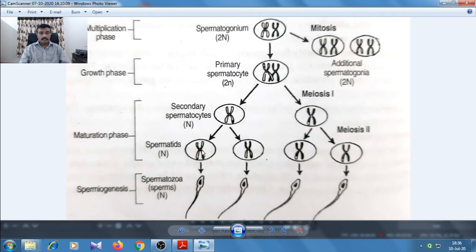And from the spermatids, by a process called spermiogenesis, the spermatids develop into the sperms or the spermatozoa. By this process, each spermatid gives rise to a sperm. So here we can see that one single primary spermatocyte gives rise to 4 spermatids.